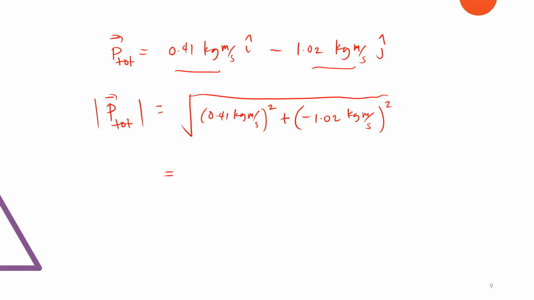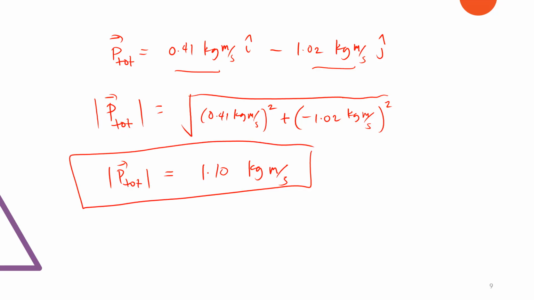So the total momentum magnitude is equal to 1.10 kilogram meter per second. So this is the magnitude of our total momentum.